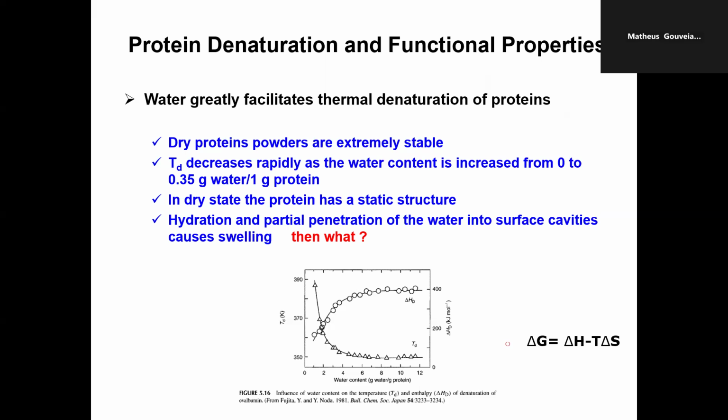What happens? It starts swelling. So then what? Water starts interacting with protein. We're breaking hydrogen bonding because water is interfering in the bonding state, and you enhance the thermodynamics and the movement in the presence of water. So yeah.